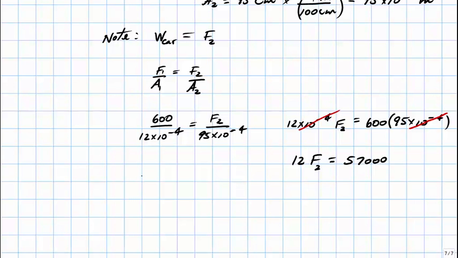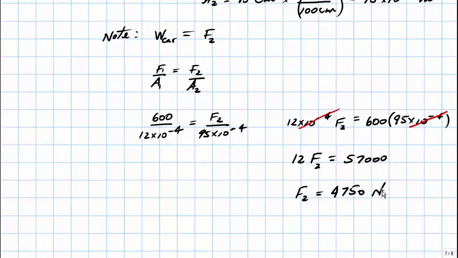If we divide both sides by 12, F2 equals 4,750 newtons. And so, with a small force of 600 newtons, we can lift a car that weighs 4,750 newtons.